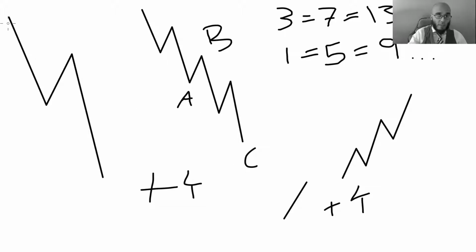So it's the same thing as the first pattern, an ABC, but in the second pattern, you see the subdivision of the A wave, because the A wave subdivides into A, B, C. I hope you can follow what I'm saying to you.